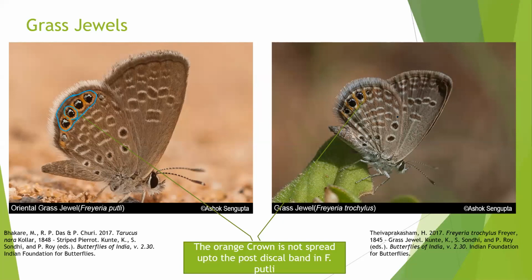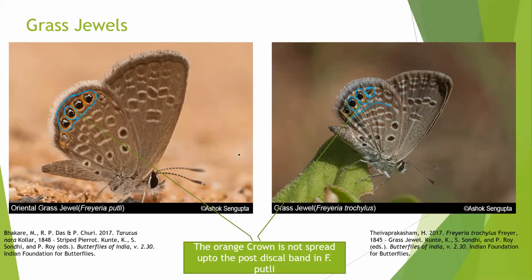But in case of the grass jewel, this spot goes up to the post-discal band. This is quite obvious, and you see this fourth spot is very inconspicuous. It's not that bright, not that black. But the main difference is this particular orange crown, which goes up to the post-discal band.